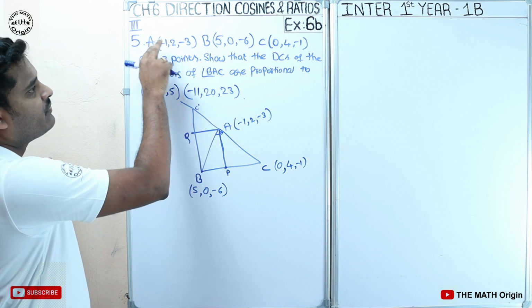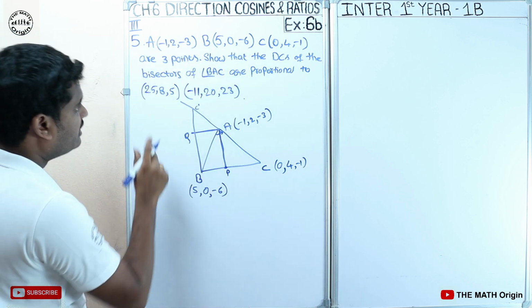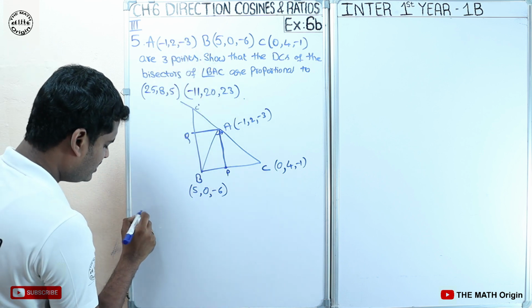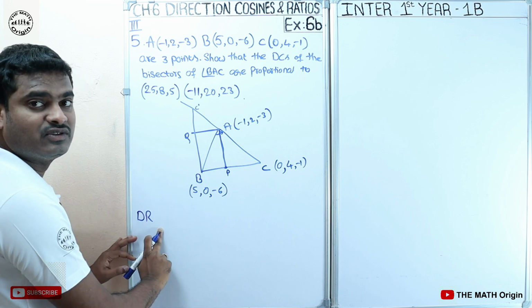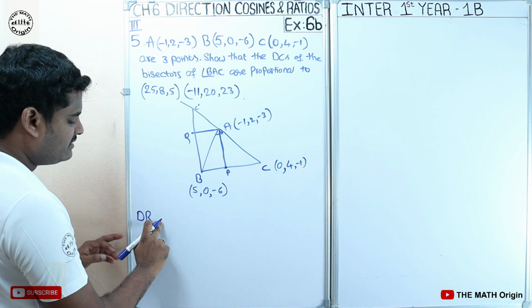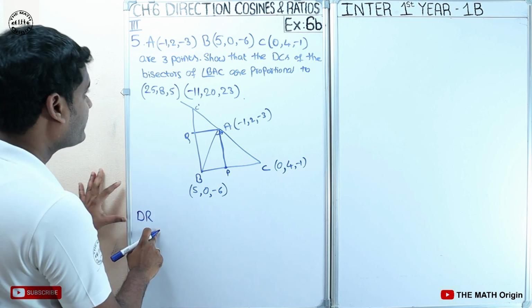Okay, now let's take it. They have given three points A, B, C. Let's find the direction ratios. I write everything in short forms, so please consider this as direction ratio, no more confusions on these statements.